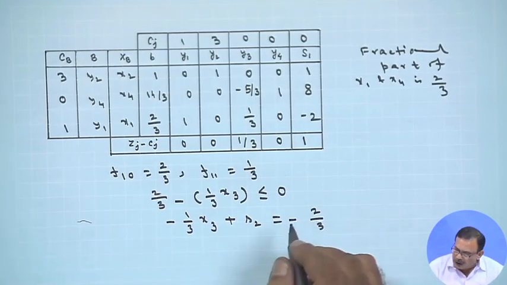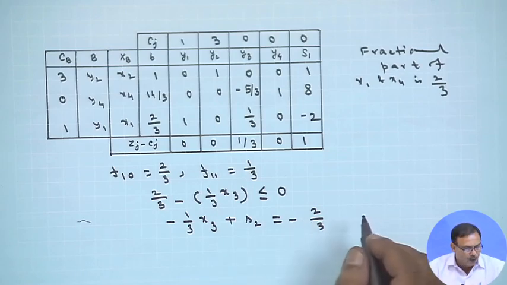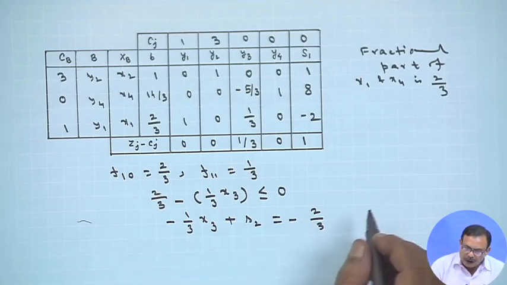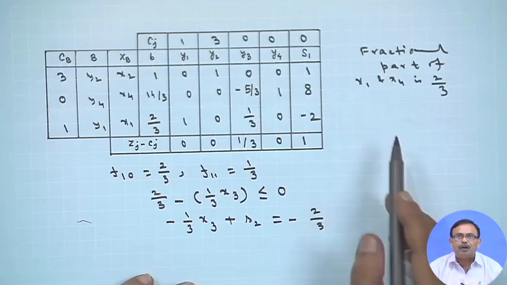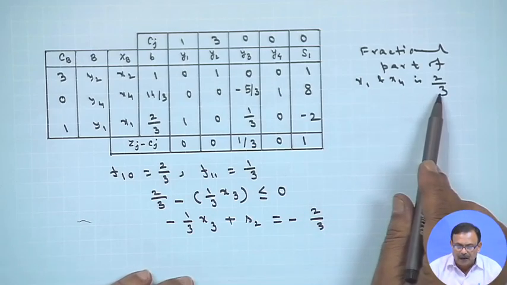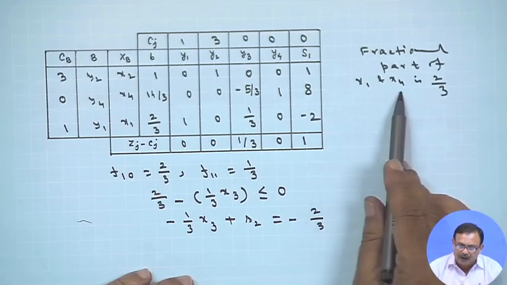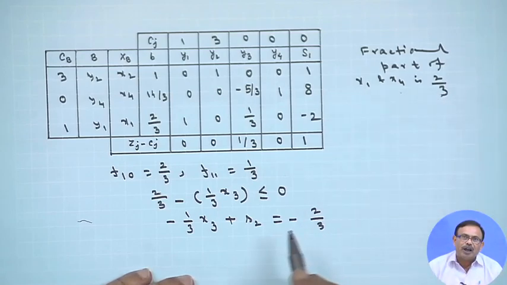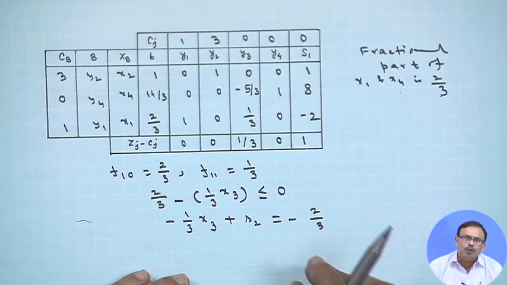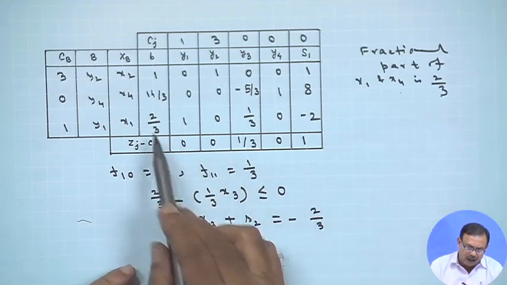So, in the next one what happens? Since there was a fractional part in both x1 and x4, the fractional part is 2 by 3. So, I have to use a new constraint, Gomorian constraint, to remove the fractional part. Since there is a tie, I can use any one.